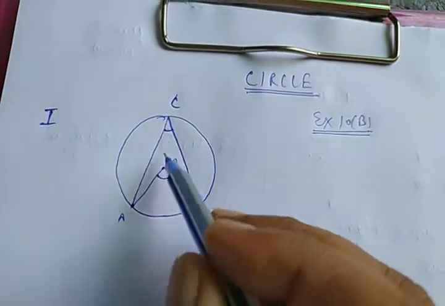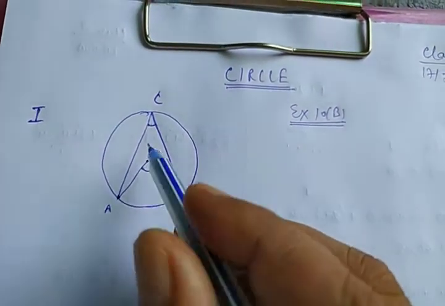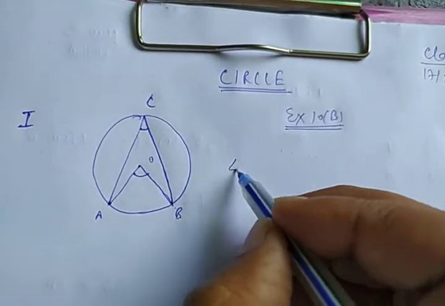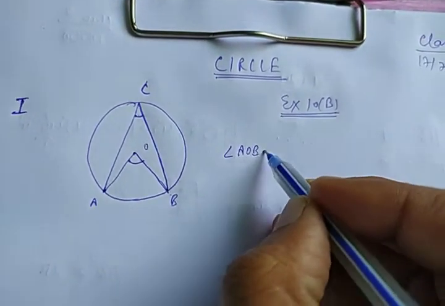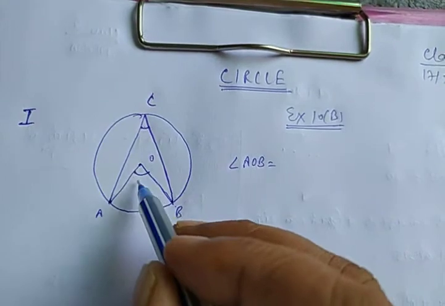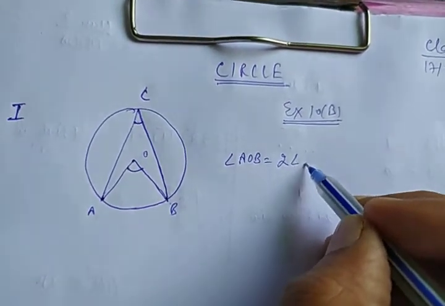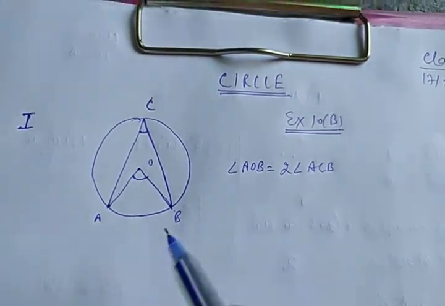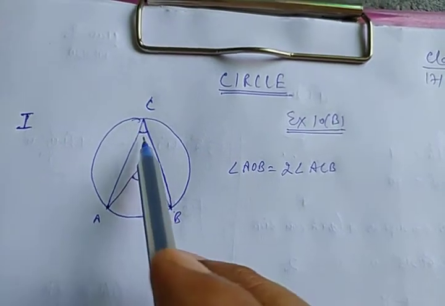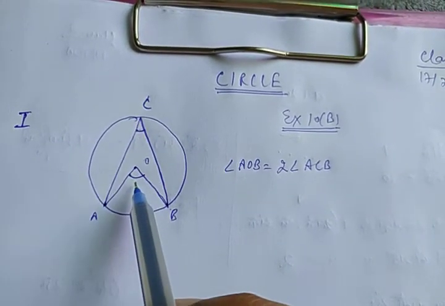Then two angles you are observing. The relation between two angles is: angle AOB, the angle subtended at the center, is twice angle ACB. It does mean whatever will be the value here, its twice will be at this place.